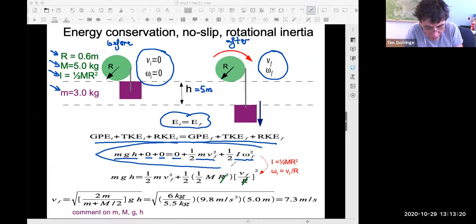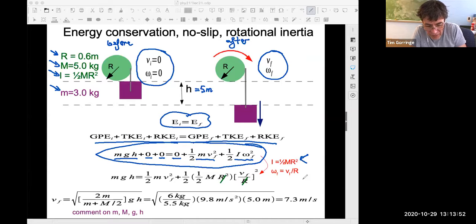The only problem with this step is that we still can't find the final speed of the bucket because there are some other things we haven't yet worked out: the angular velocity of the pulley and the moment of inertia of the pulley. So my last step is to write the moment of inertia of the pulley in terms of the mass and the radius of the pulley.